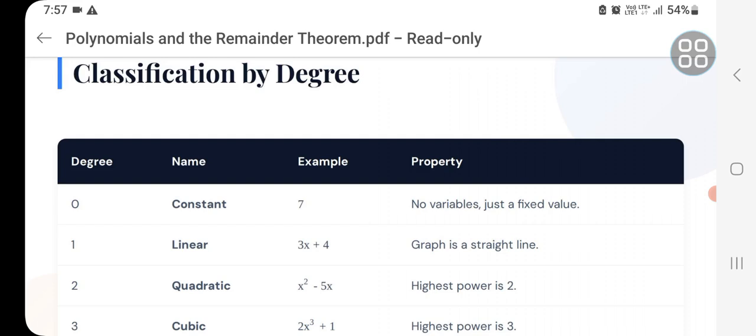Here 2 will be the power. Okay, I give another example for you: 3x cube plus 2x square plus x minus 3. Then what is the degree of the polynomial? It will be the highest power of the variable.